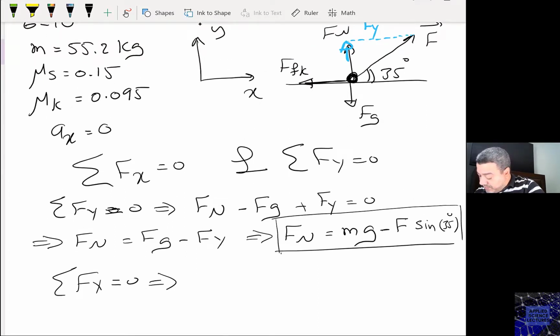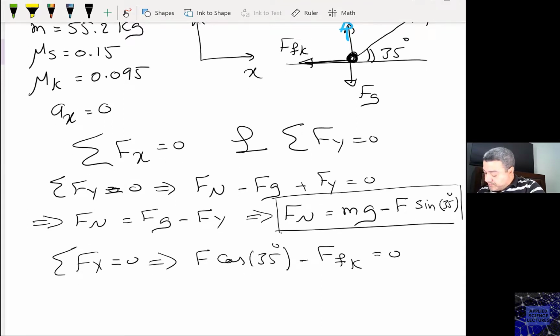I have F cosine 35 degrees minus Ffk equals 0. Then Ffk equals F cosine 35 degrees.